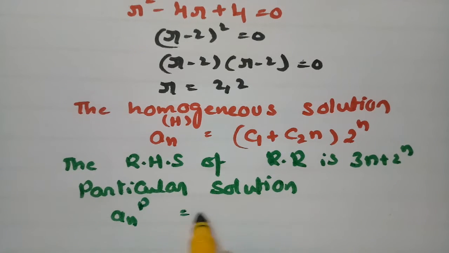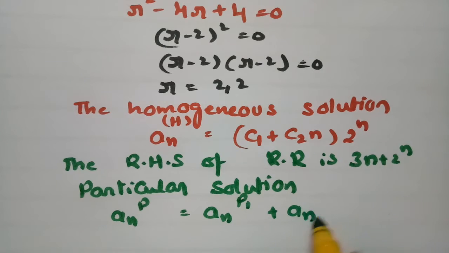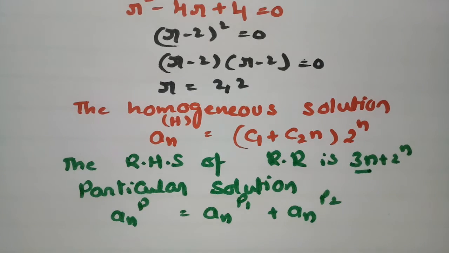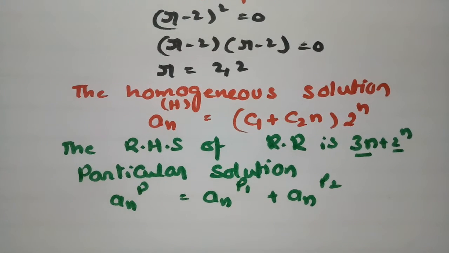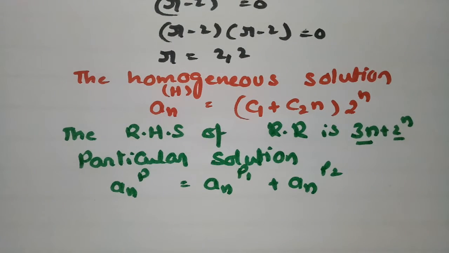a_n^(p) is the particular solution 1 plus the particular solution 2. Particular solution 1 will be of the linear form for 3n, and particular solution 2 will be of the form for 2^n. First I am selecting the part of the RHS that is 3n.